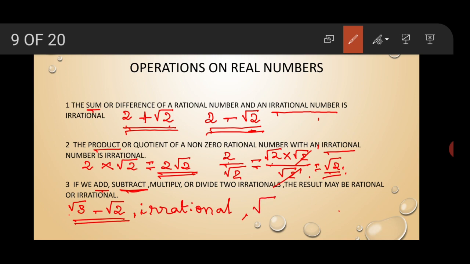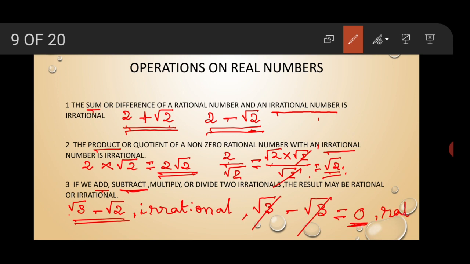Irrational. Or in the second case, I will take it in this way. Take one irrational number, let it be root 3. Again take one more irrational number, root 3. Now subtract them. What happens? Root 3 minus root 3 becomes what? Cancelled. So what type of number is this?